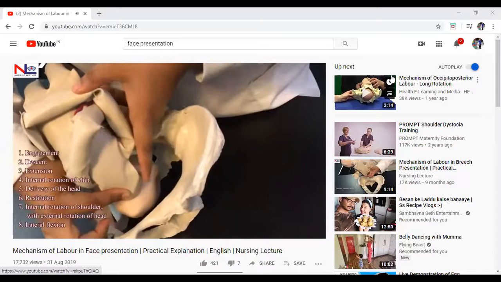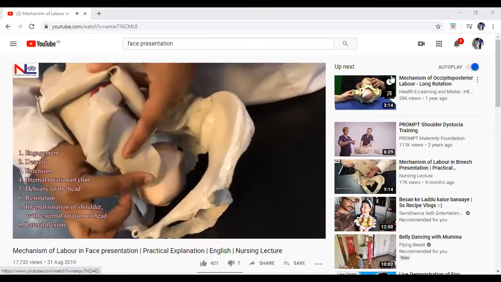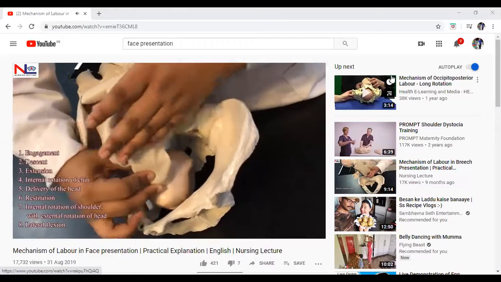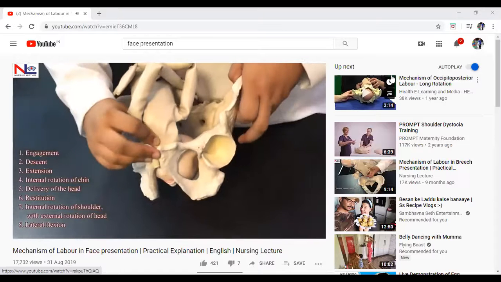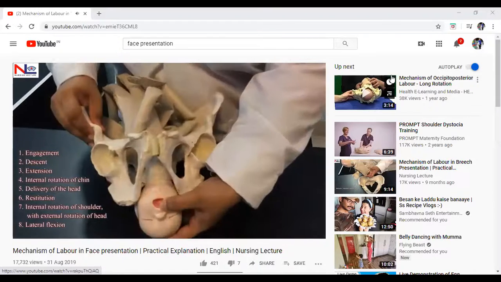But there is a twist which occurs between the head and the shoulder, and the shoulder lies in the oblique diameter of the pelvic brim.